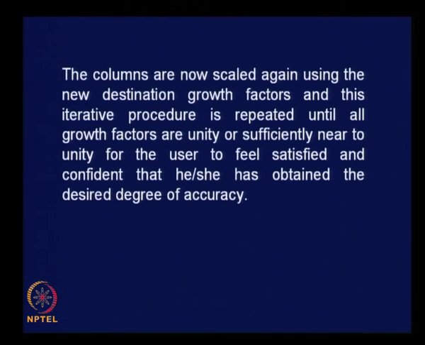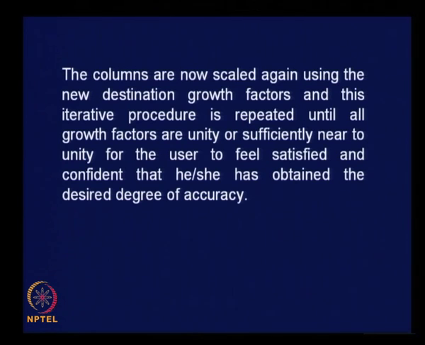The columns are now scaled again using the new destination growth factors, and this iterative procedure is repeated until all growth factors are unity or sufficiently near to unity. This indicates to you that it may be very rare that you get exactly one as the growth factor for all the trip origins and trip destinations. That is why you must go on iteratively doing the exercise and identifying the point of convergence until all growth factors are unity or sufficiently near to unity for the user to feel satisfied.